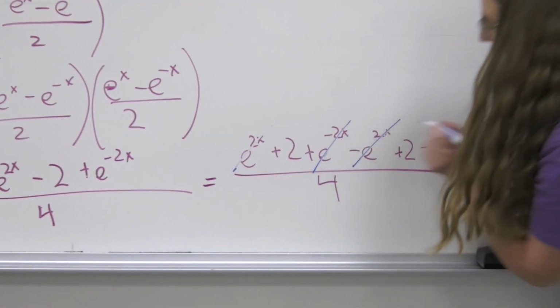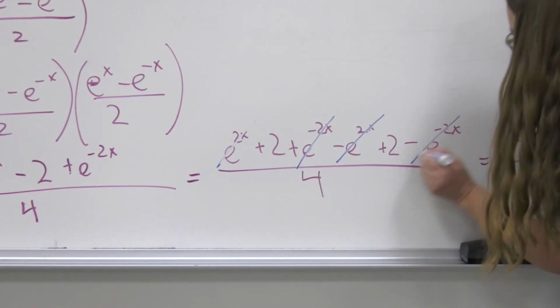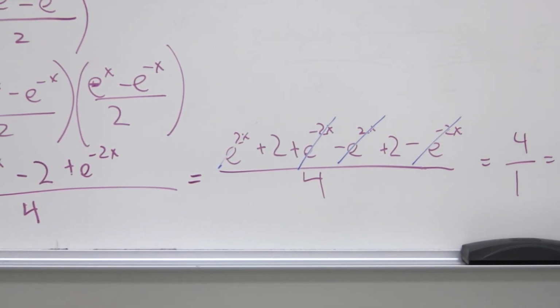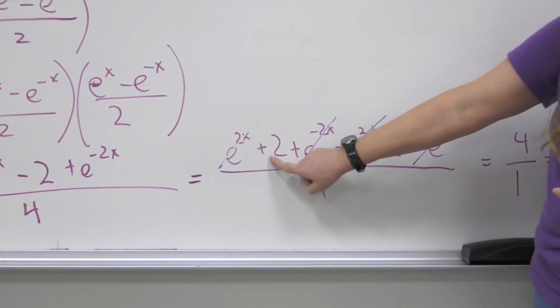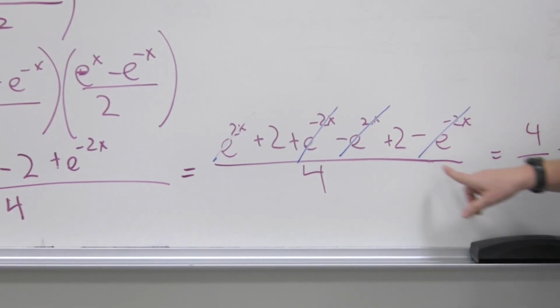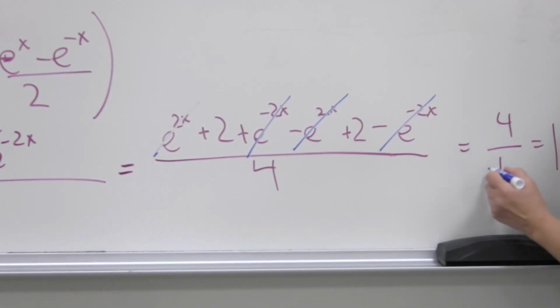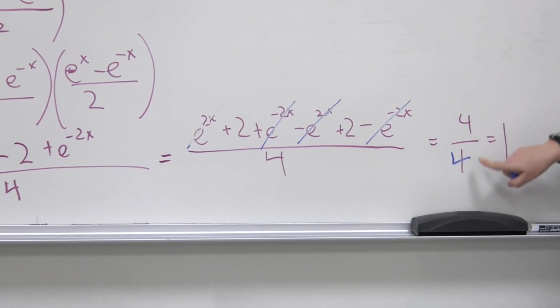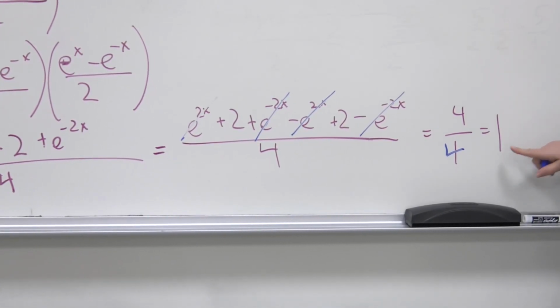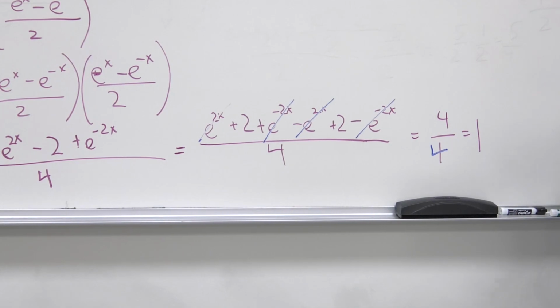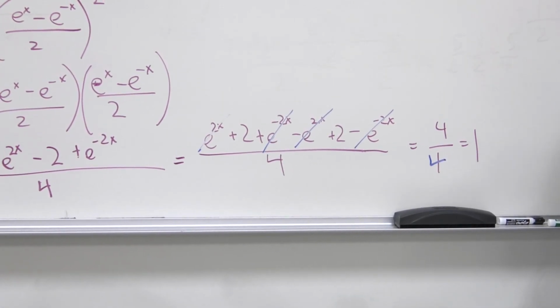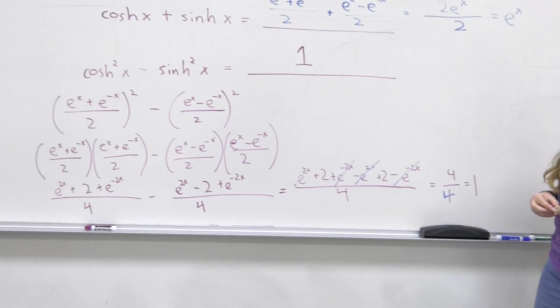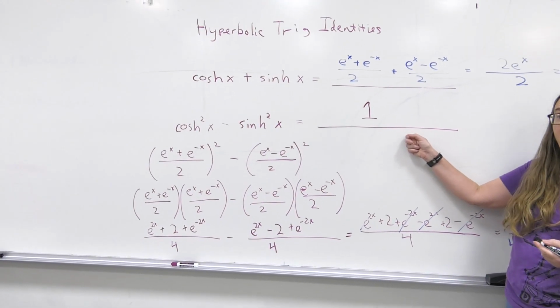I get an e to the negative 2x and a minus e to the negative 2x, and those are going to cancel. So all that's left on top is 2 plus 2, which is 4. 4 over 4 is 1. So we've got this hyperbolic trig identity that tells us that cosh squared minus sinh squared is 1.